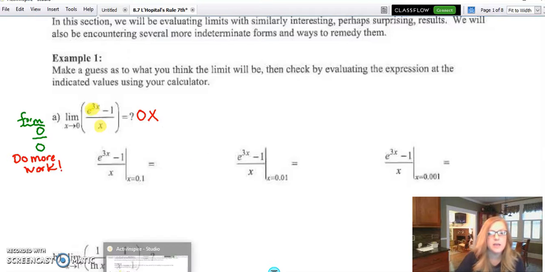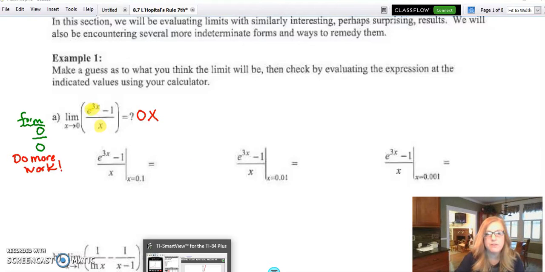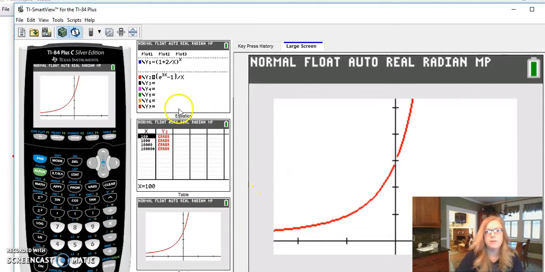If you take a look at our actual graph of this, here's the graph of our e to the 3x minus 1 over x. It's coming along. Clearly, the graph as it approaches 0 is not approaching 0. It looks like it's approaching somewhere around 3. And then we can go to the table, set that up, and take a look at your table.